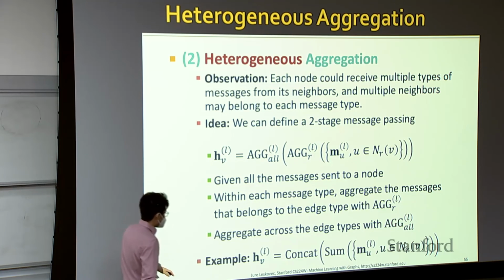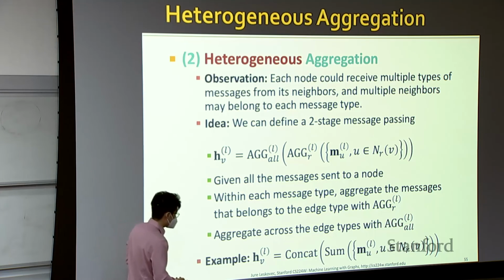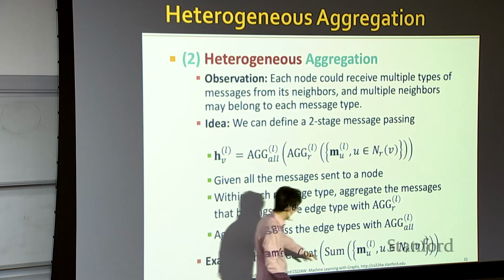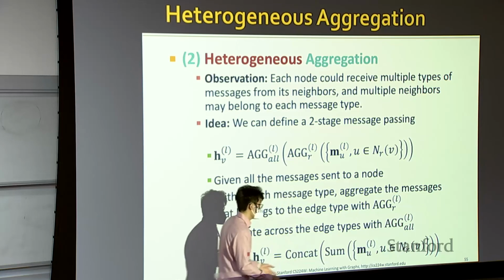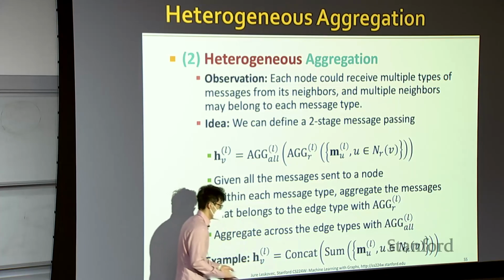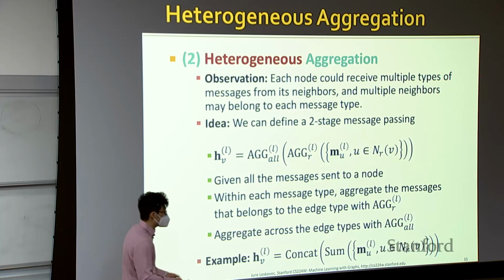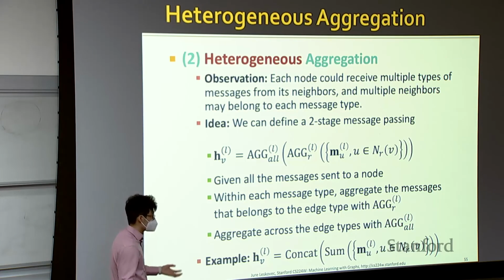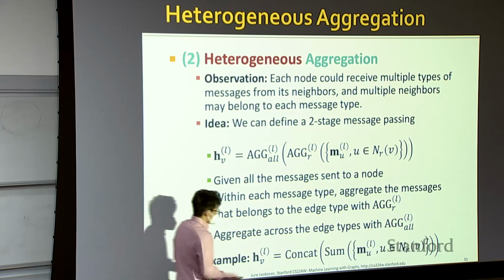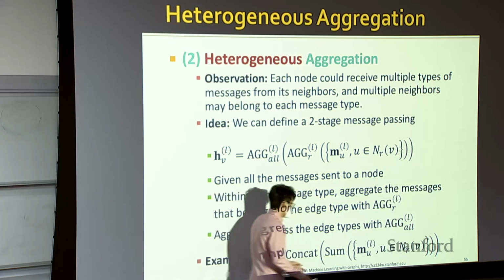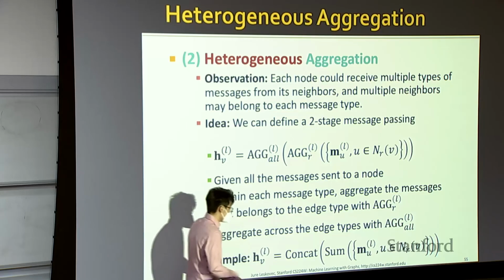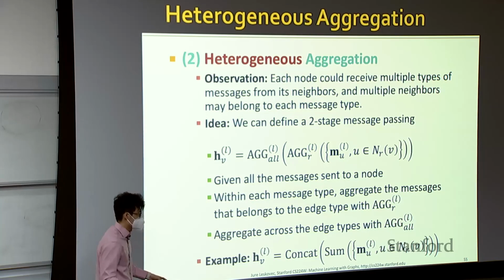One particular example I would recommend is that in the first stage, we can use the sum aggregation over the members of a given relation type. We talked about sum aggregation being the most theoretically expressive method in this series of GNN lectures. So we can first take a summation for each relation type, and then take a concatenation across the relation types.